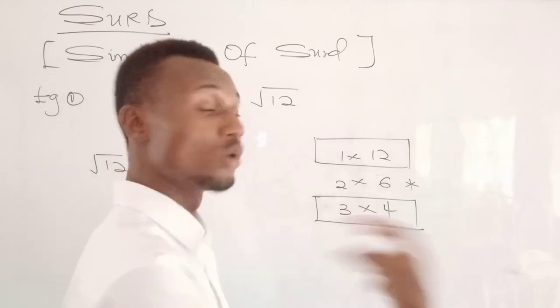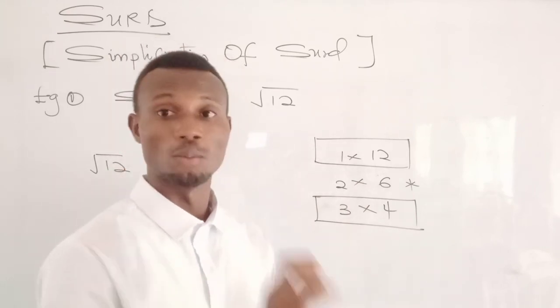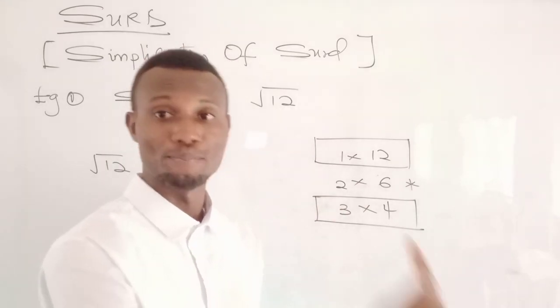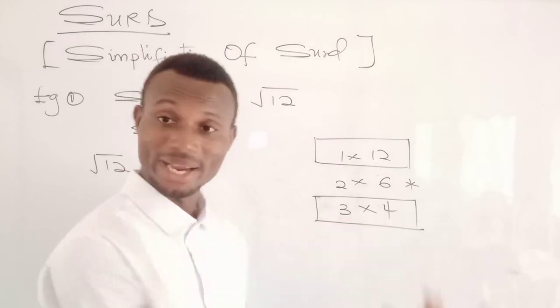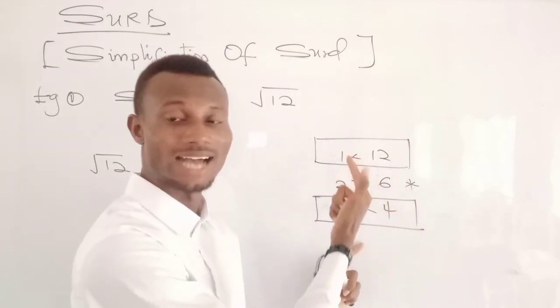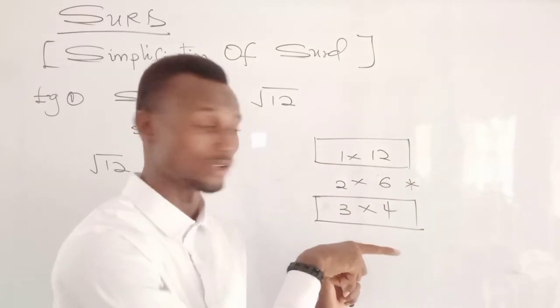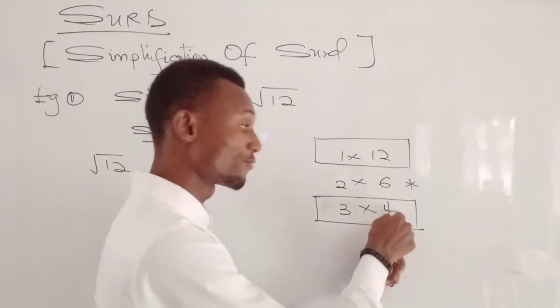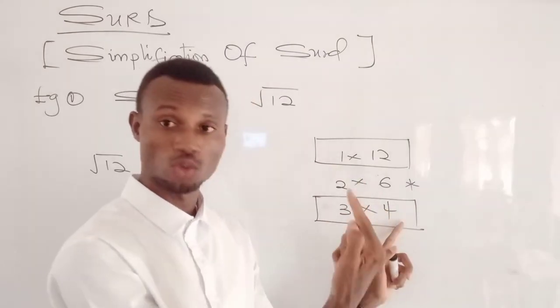So in looking for 2 numbers which will multiply to give you 12, it needs to contain a perfect square. You pick any one aside from the one which has 1 as the perfect square. So I'm picking the 3 times 4, because this 4 has a perfect square in it.